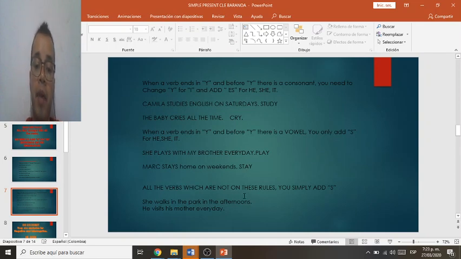Now, all the verbs which are not on these rules, you simply add S. Si un verbo, ustedes lo ven y no aparece en ninguna de las reglas anteriores, a ese verbo simplemente le voy a agregar una S en he, she, or it. For example, walk. Los que terminan en K no dice nada, simplemente le agrego una S. She walks in the park in the afternoons.